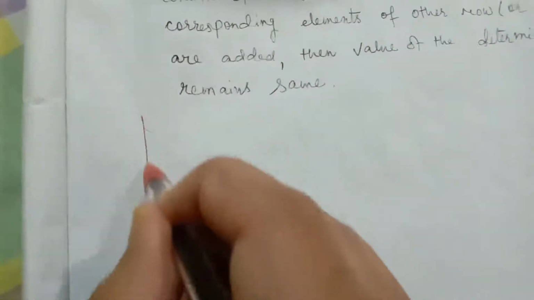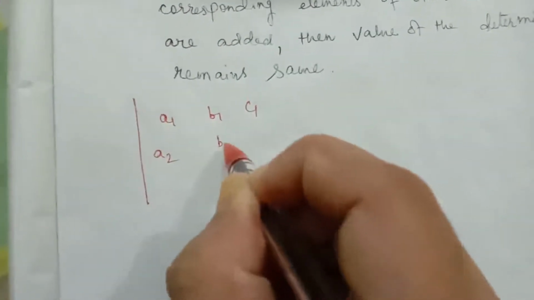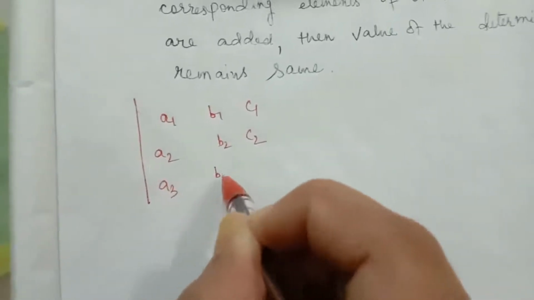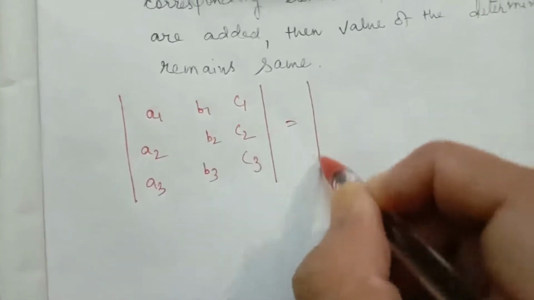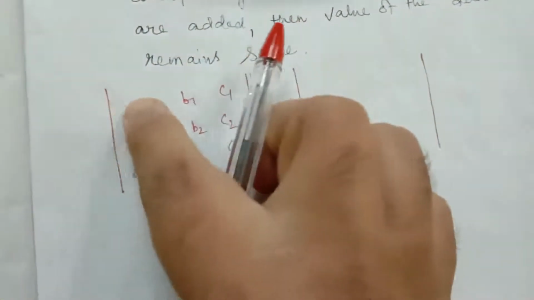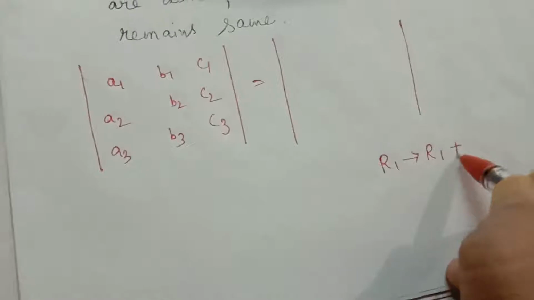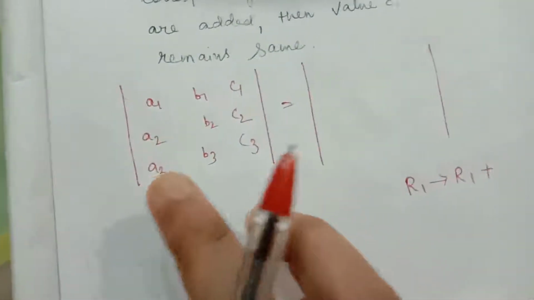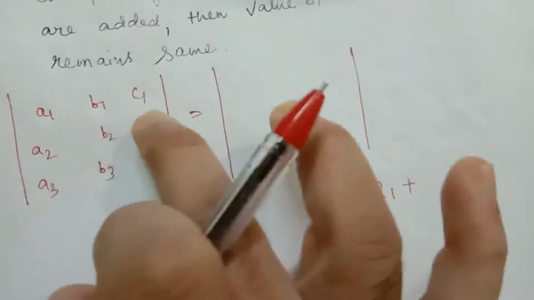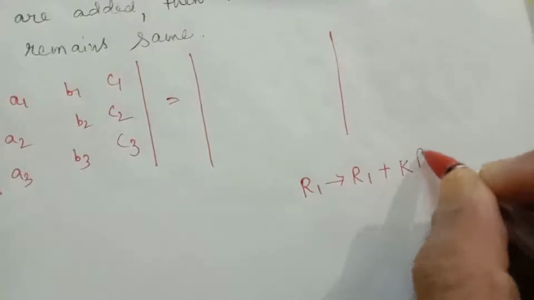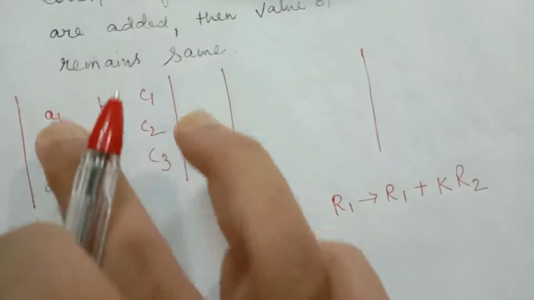For example, suppose a1, b1, c1, a2, b2, c2 and a3, b3, c3 is any given determinant. Now, with the elements of first row, if we add k times elements of second row, you can see k times elements of R2, with this we are adding k times elements of this.